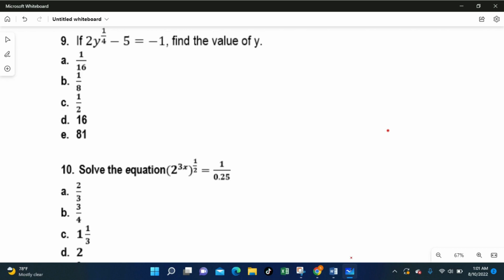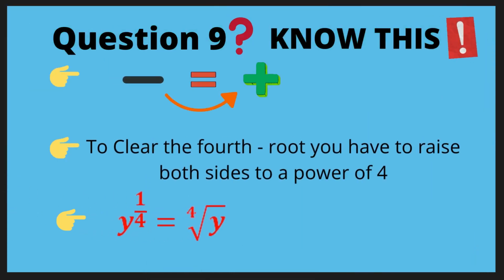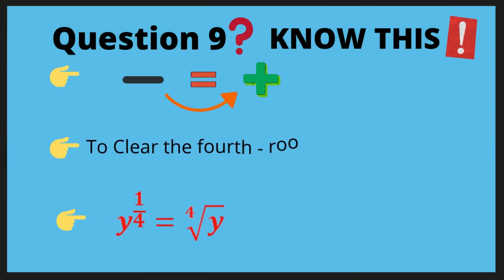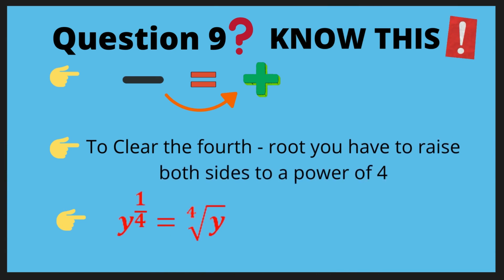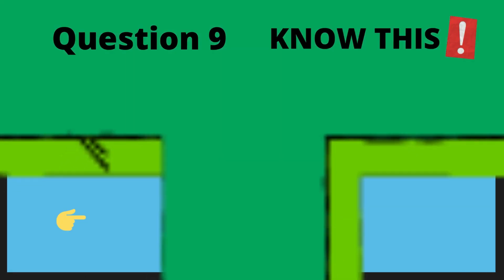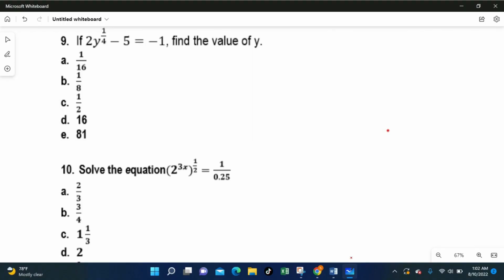And it's equal to the fourth root of y in fractional indices. That is the way we manipulate such fractional indices. And to clear these fourth roots, you need to raise both sides to the power of 4 so as to clear the fourth root.